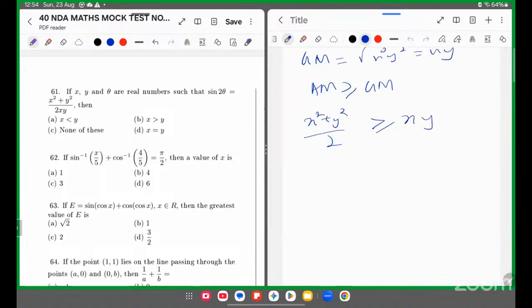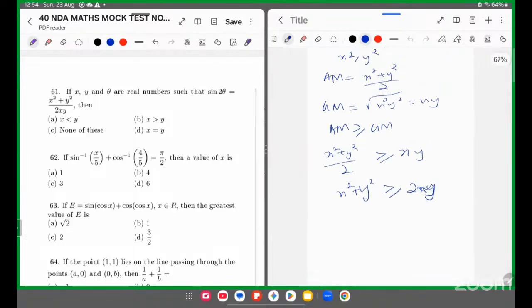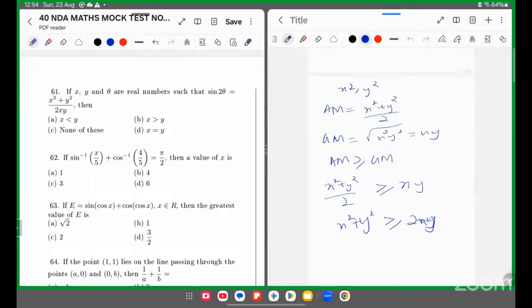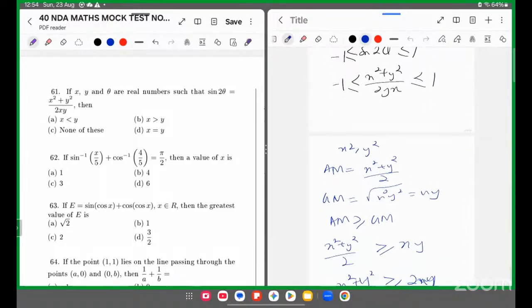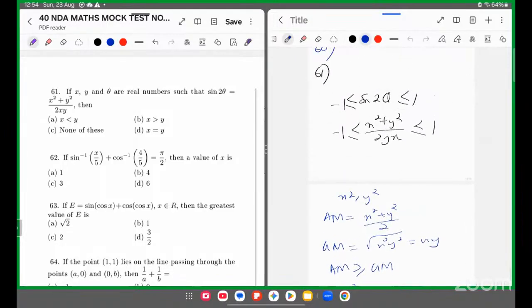So x square plus y square is always greater than or equal to 2xy. So in the given condition, the numerator is always greater than or equal to the denominator.